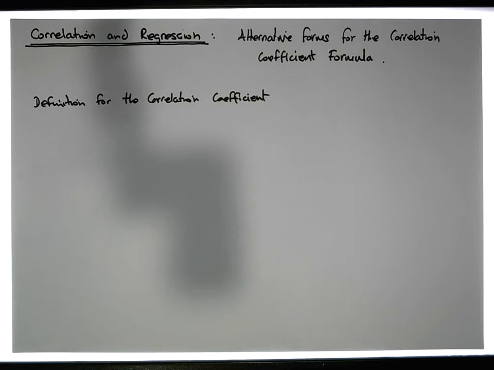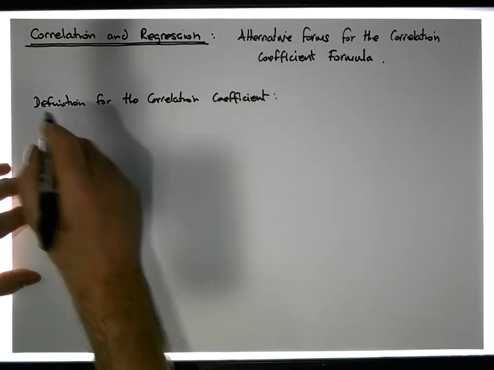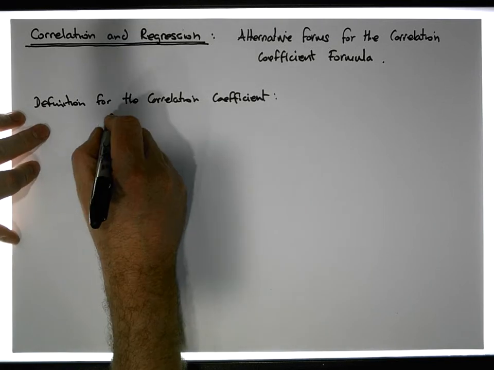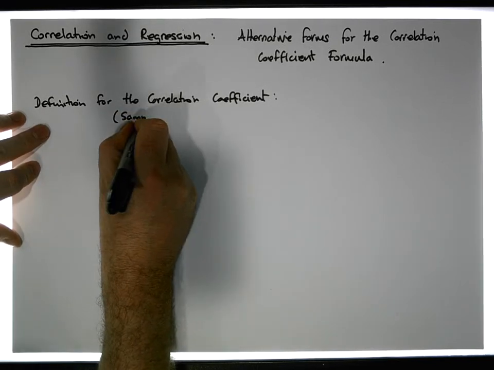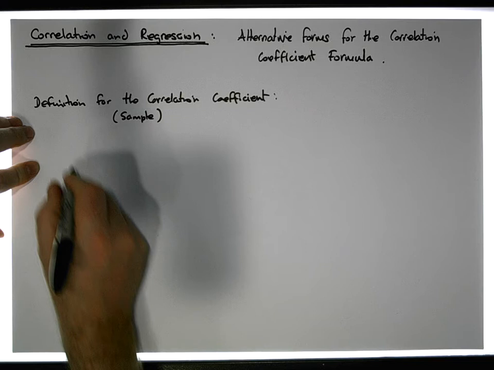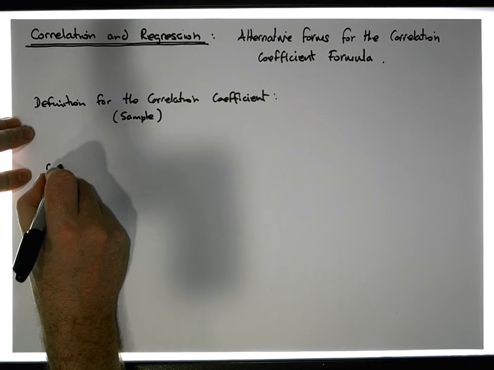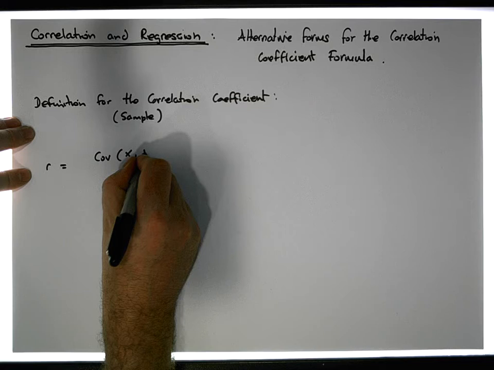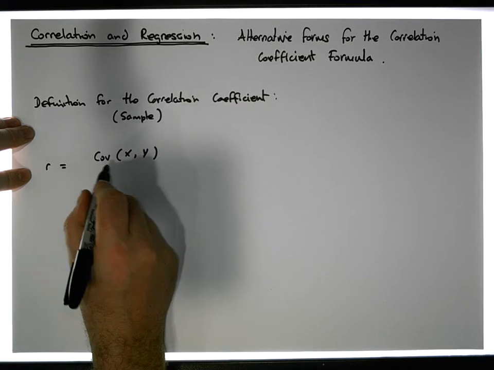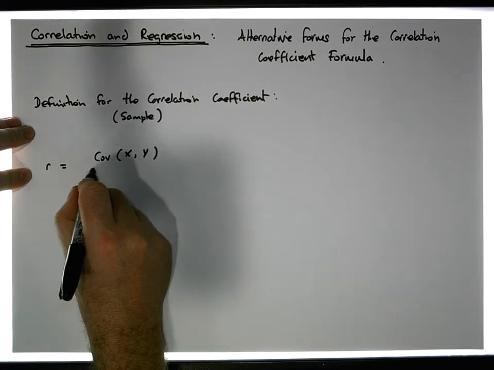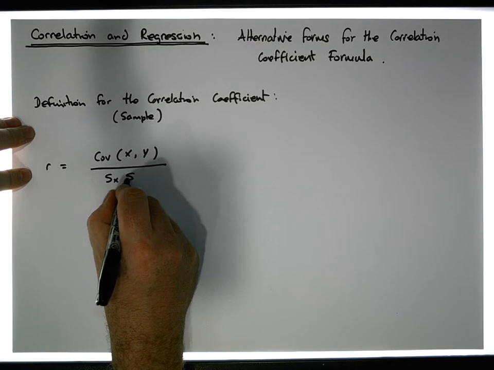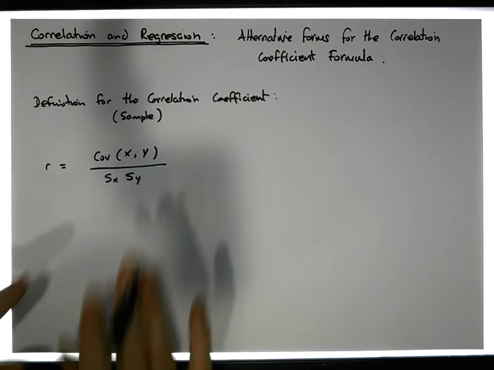But this is the definition of the sample correlation coefficient, r, which is equal to the covariance of x and y, normalized by the standard deviation of x times the standard deviation of y.